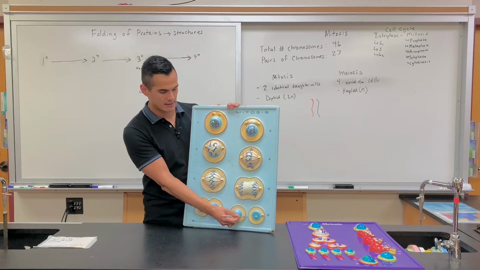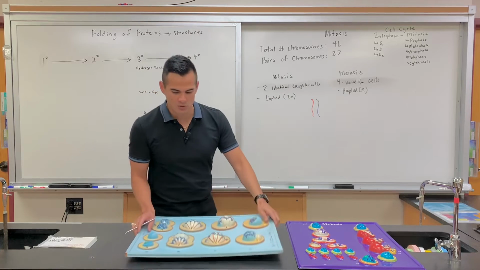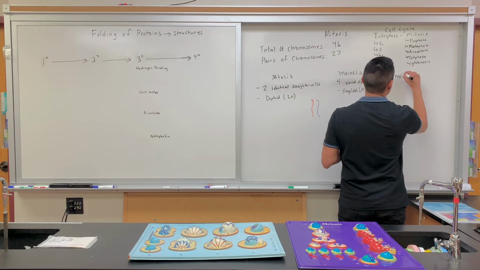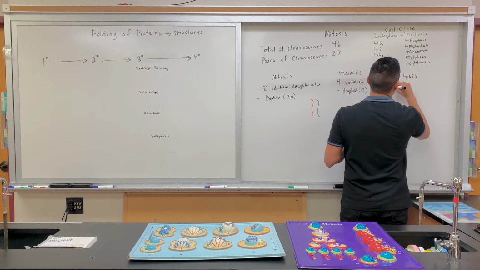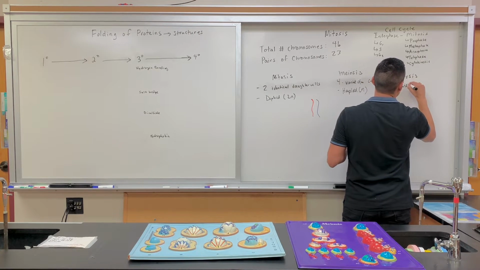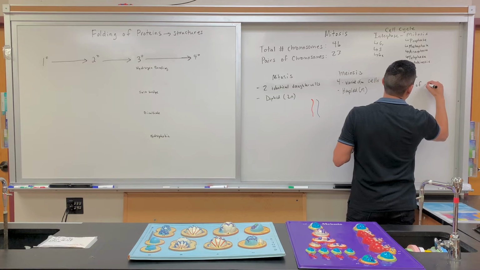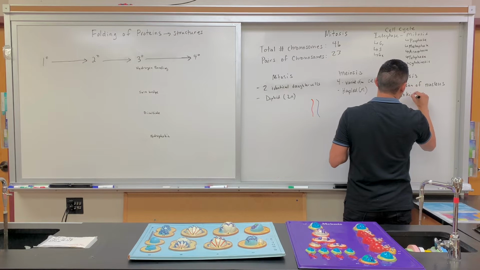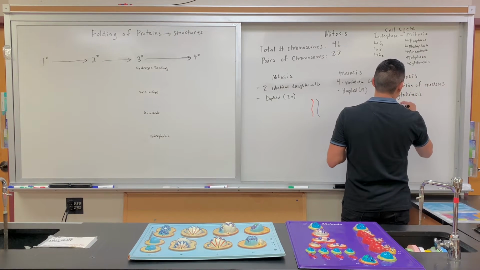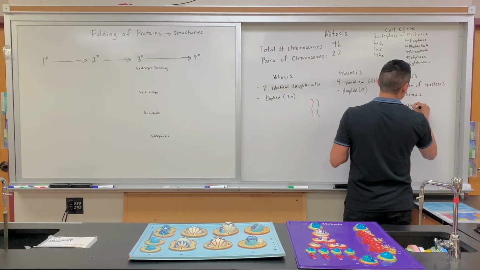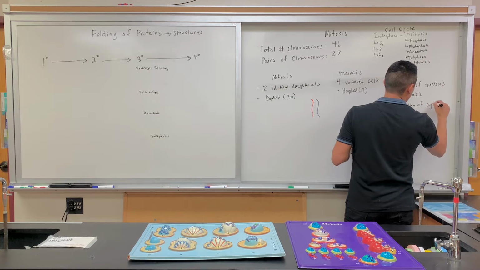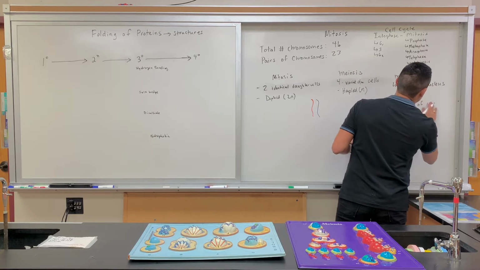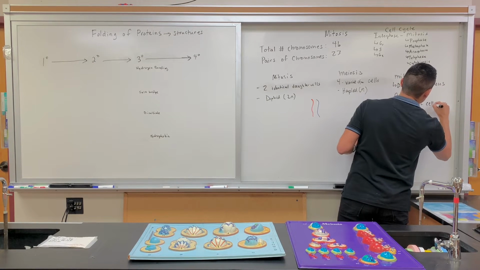And it ends here. So the difference: mitosis is the division of the nucleus. Cytokinesis is the division of the cell membrane.